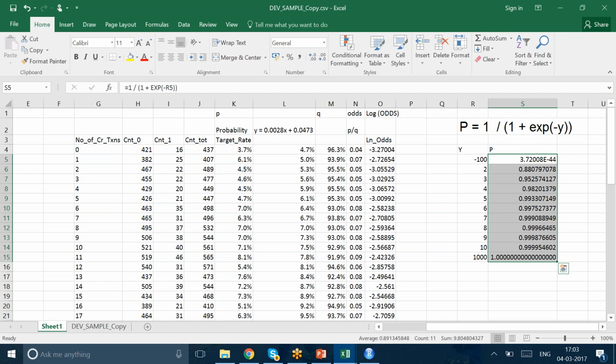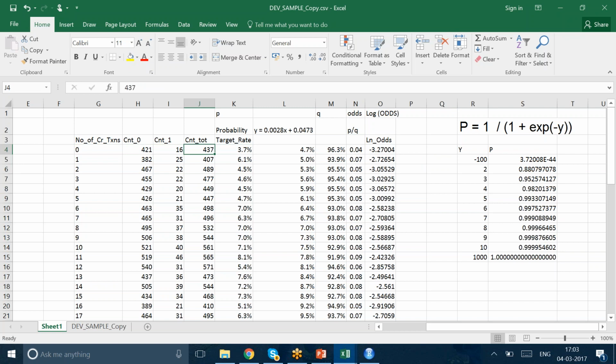So first of all, I tried out building a linear model. In a linear model, the relationship is what? Basically, this is what is happening. Probability is getting computed, and in the background, probability as a relationship of number of credit transactions is getting evaluated. And this probability is getting weighted.